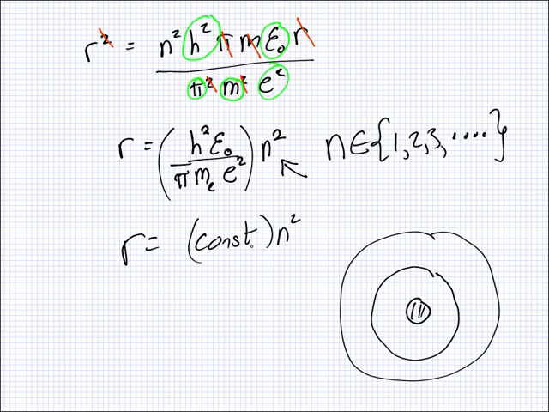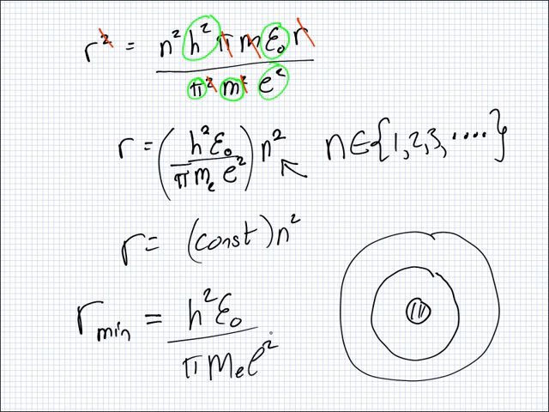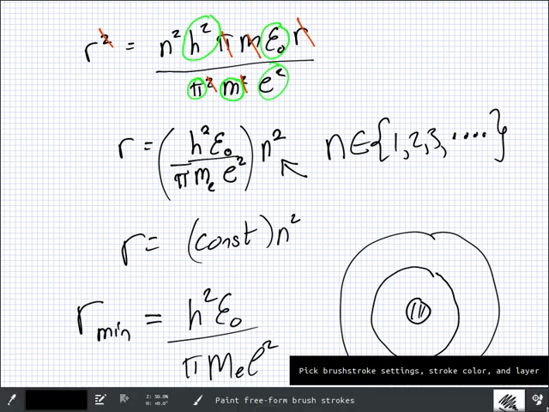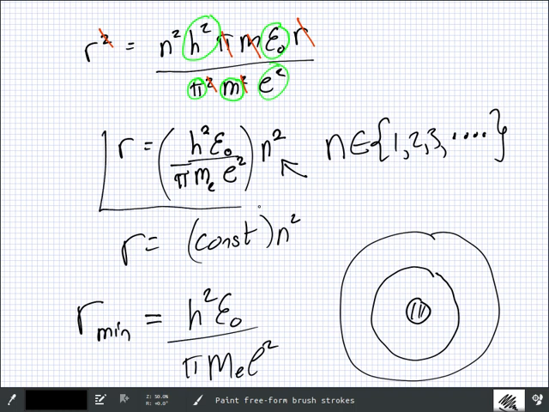The smallest possible radius is when n is 1, so it'll be equal to this. Okay? So you were told in chemistry that the electrons only have certain orbits. And the orbits are exactly these orbits we've just calculated.